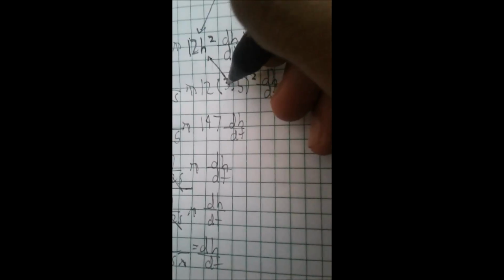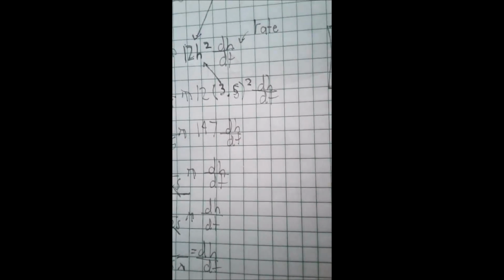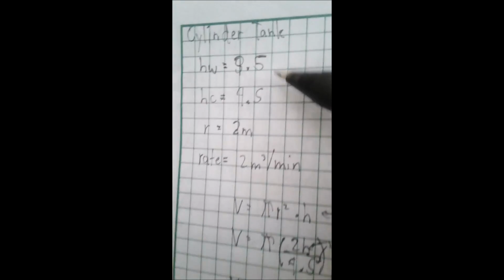Over here we just substitute the h squared. Given that h is the height of the water level, 3.5. How did we get 3.5? 3.5 is just the height of the water level, so just substitute it.